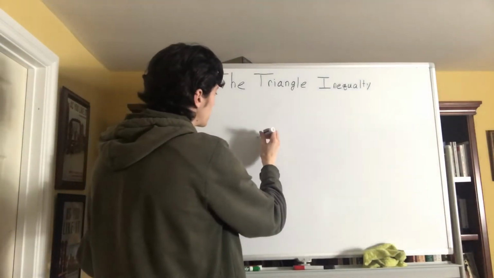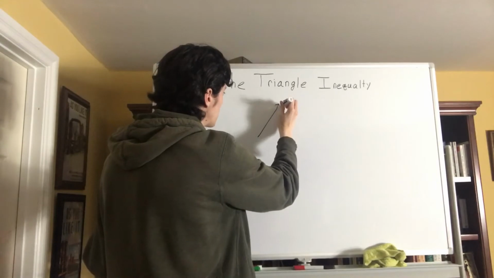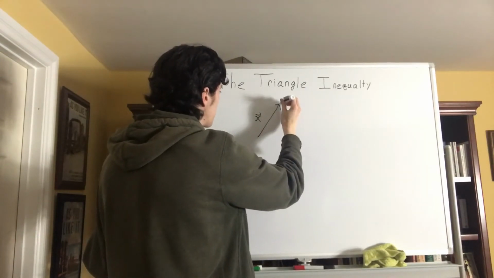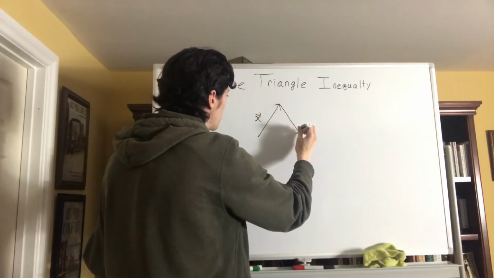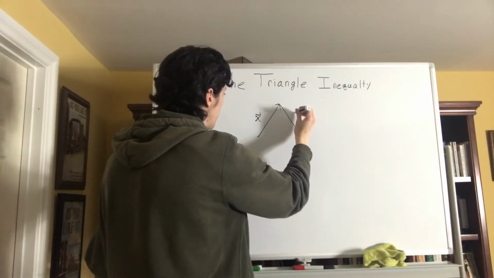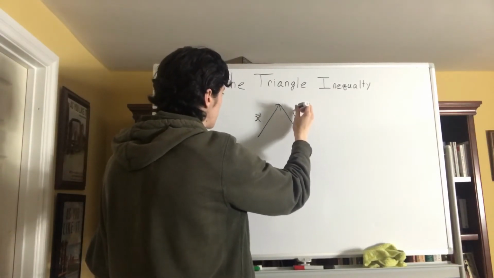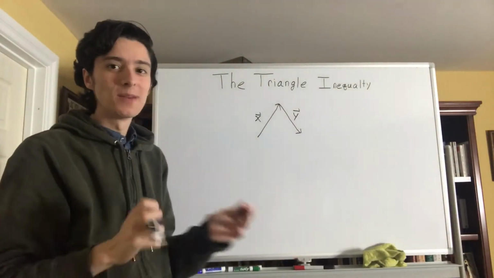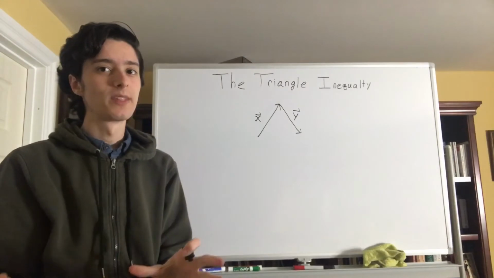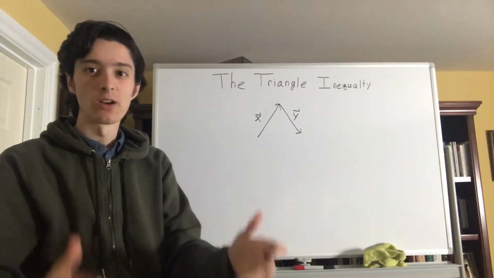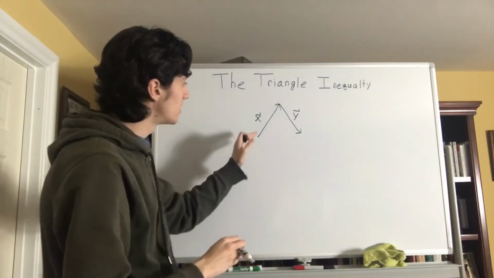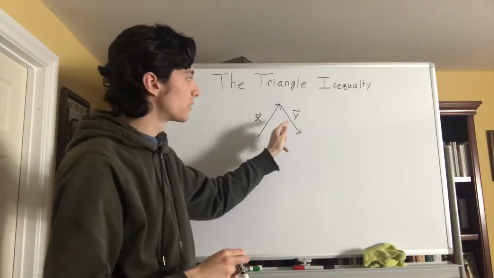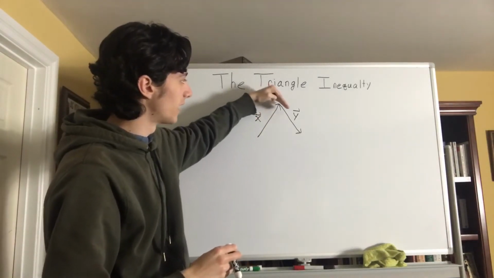We write x as a vector, and then coming off from it, we write y as a vector. If you're confused about this notation, the important thing to remember is that a vector is an arrow. So this vector starts at this point and points in this direction, and then our y vector starts at this point and points in this direction.